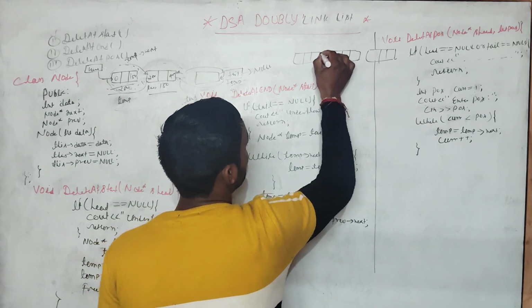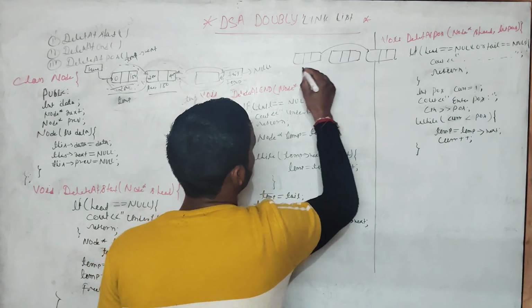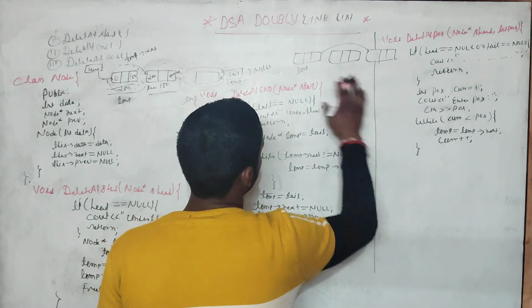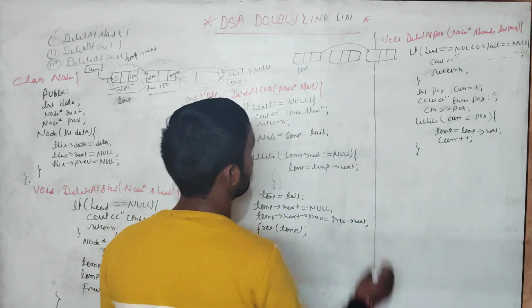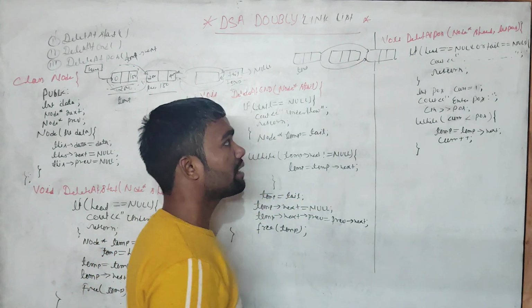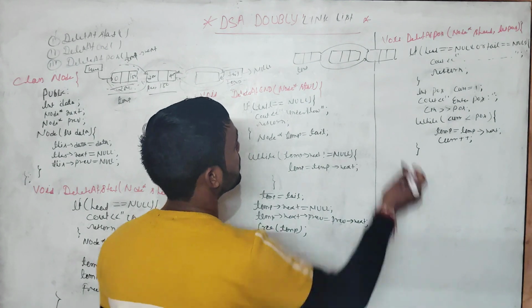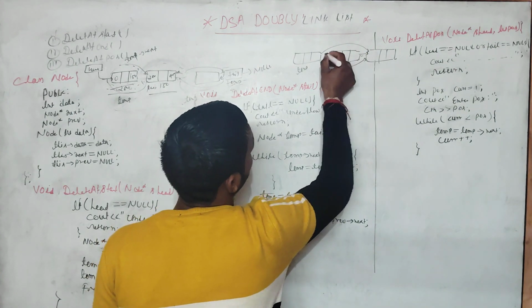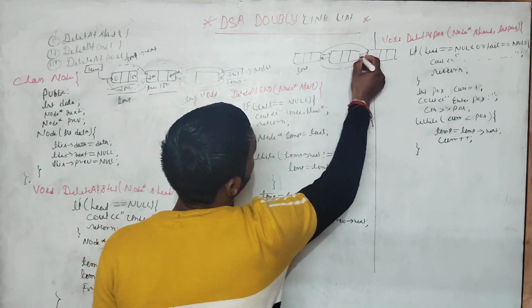How can I delete? This pointer will be the node. Suppose this is temp. Temp is equal to temp of next. And this node will denote this node. Previous, when we are not performing the deleting operation, this will denote this way, and this will denote this way.